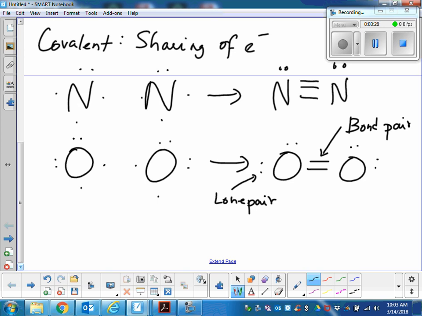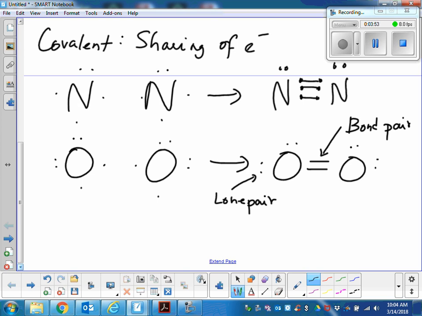Yes? The nitrogen one doesn't go up to 8? No, remember, each one is a dot. How many now between them? 6, and then it has 2 of its own. Does it become 8? You understand? And each oxygen will also have 8 by coming together.